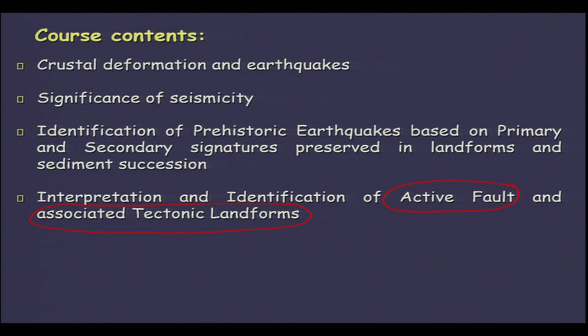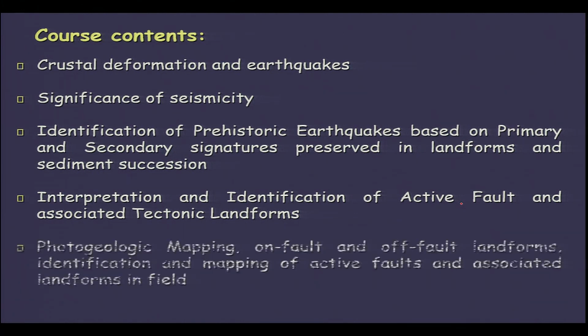So, even though erosion is active in those regions, some residual deformation will always be preserved. That is what we are trying to find out, and this is what we will talk about in active faults and associated tectonic landforms.